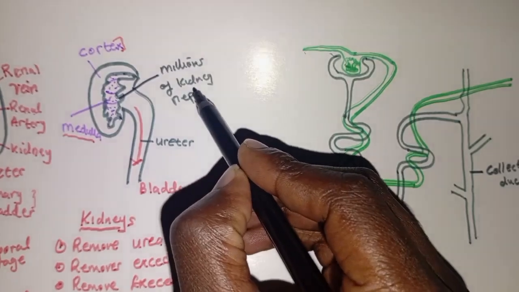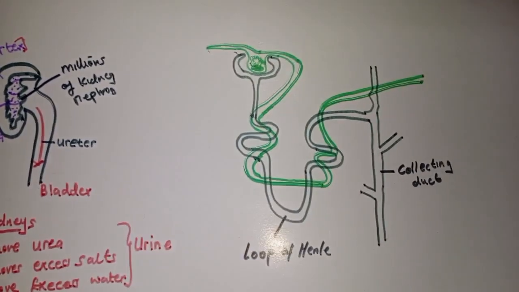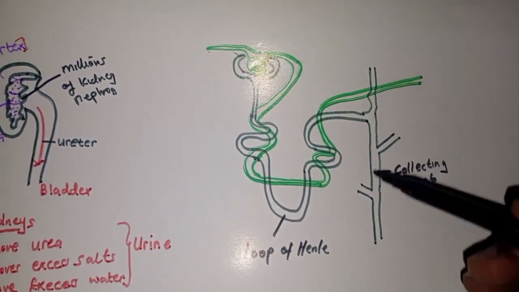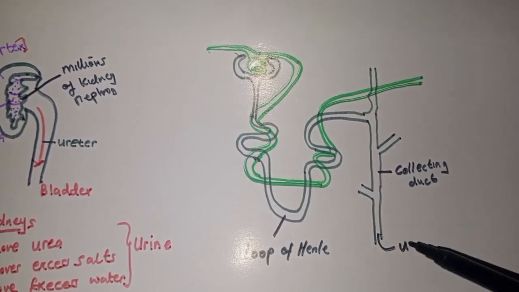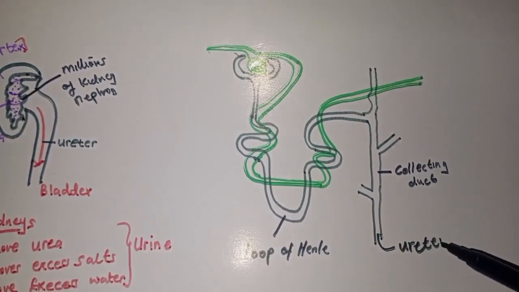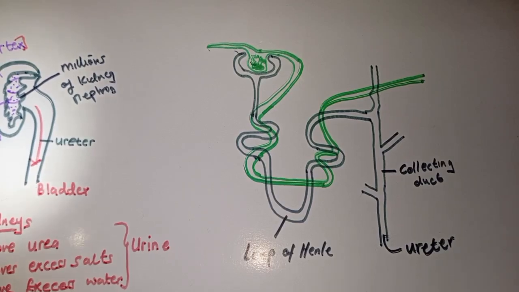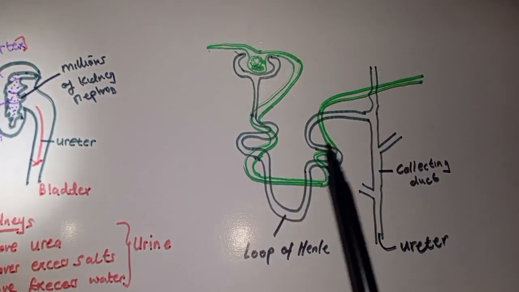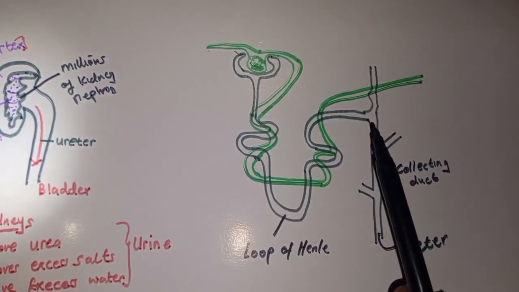There are plenty of them, and each has this collecting duct, and this collecting duct is what will lead to the ureter. So excretion, the primary function of the kidney, is done by the kidney nephrons, which are plenty.